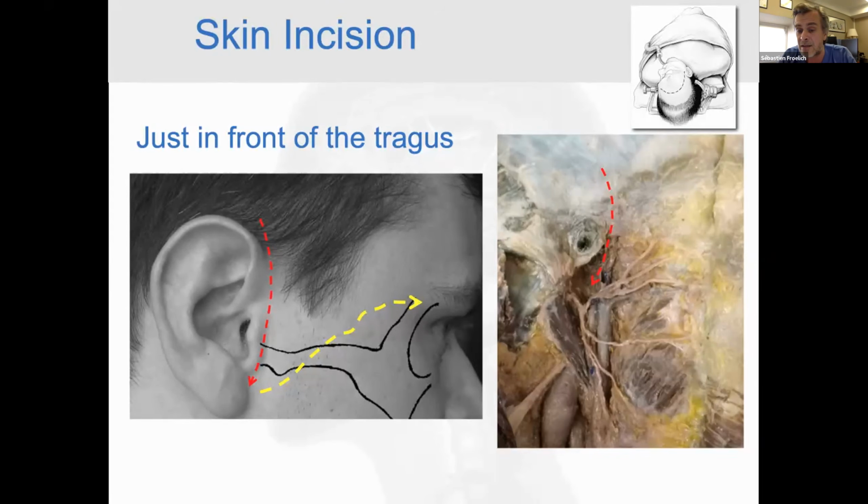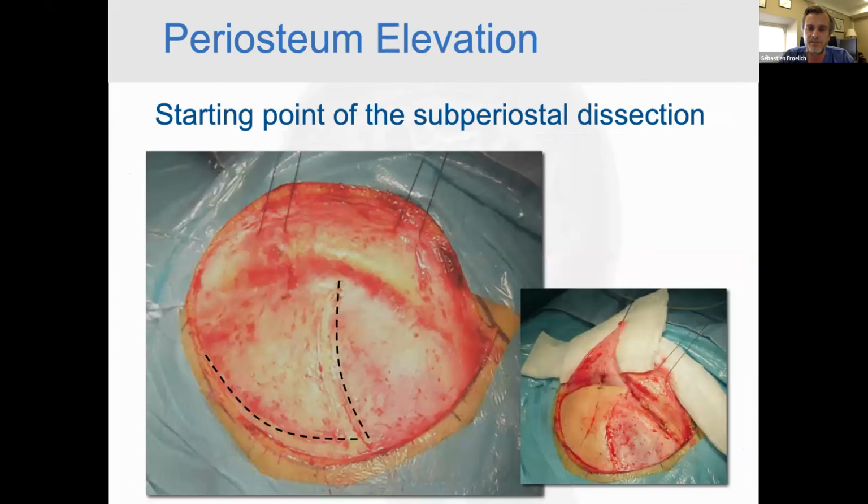Usually you don't cut it, but you can easily injure it when you try to coagulate some venous or arterial bleeding in this area when you extend the incision down. So the more posterior you are, the better it is, and you can go almost 1 centimeter below the level of the zygoma without much risk of injury to the frontal branch. And it allows you to retract the skin more anteriorly and to expose the bone.